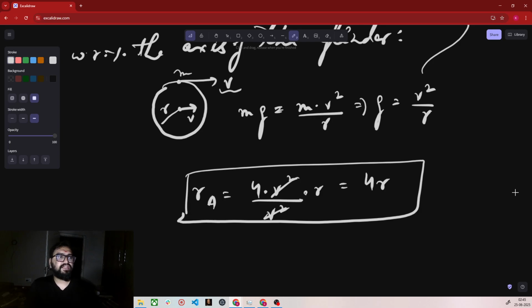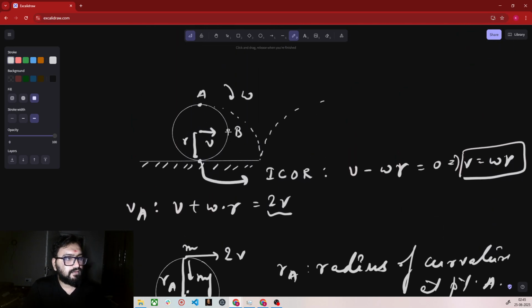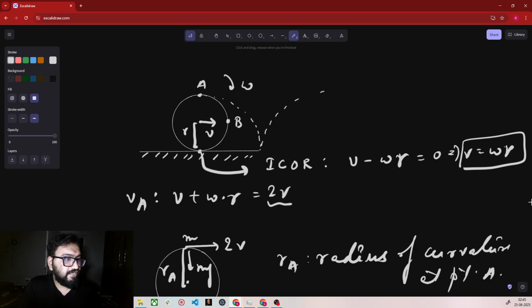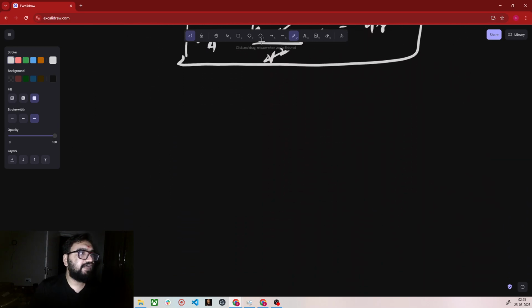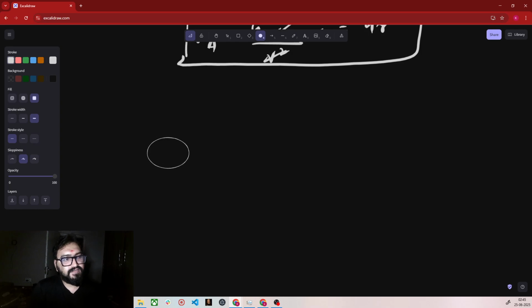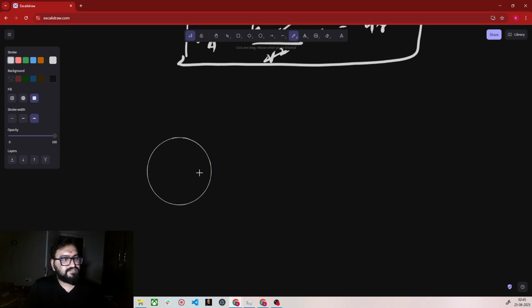Now I need to find out the radius of curvature at point B. Now let us study the point B. Point B also has got two components of velocities. One is the translational and the other one is the rotational component. What is the translational component?